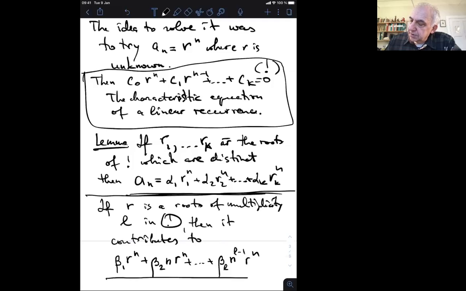So it contributes a whole more complicated expression, which depends exactly on L parameters, beta 1, beta 2, and so on, beta L.